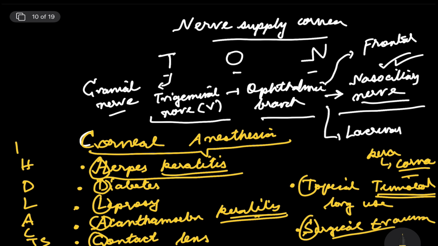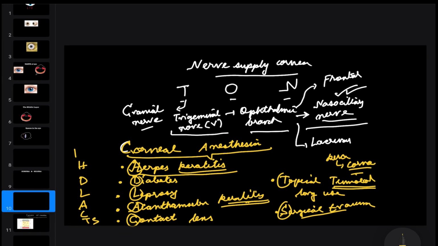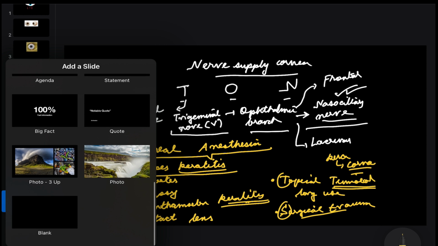Done. Now, since we were talking about the nerve supply of the cornea, and since we did talk about the corneal blink reflex, let's talk about the corneal blink reflex in a little bit more detail. Basically, what was the corneal blink reflex?